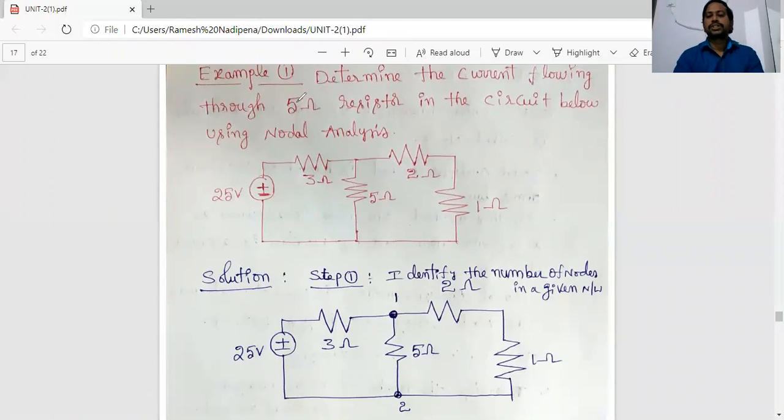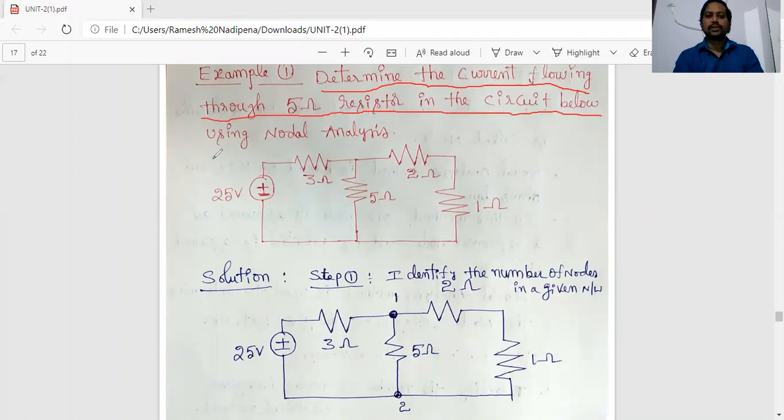The question is: determine the current flowing through the 5 ohm resistor in the circuit below using nodal analysis. This is the circuit diagram, which comprises one voltage source and 4 resistors.